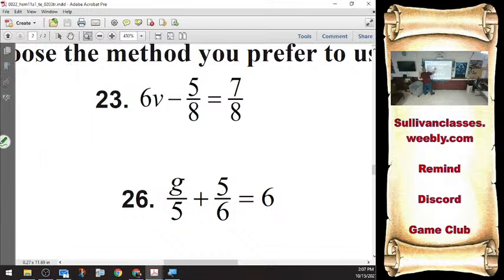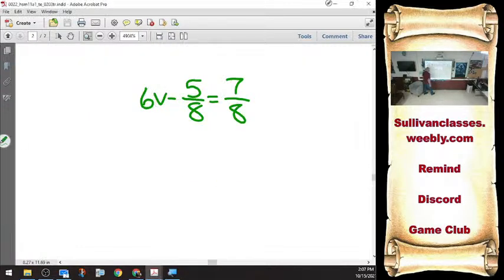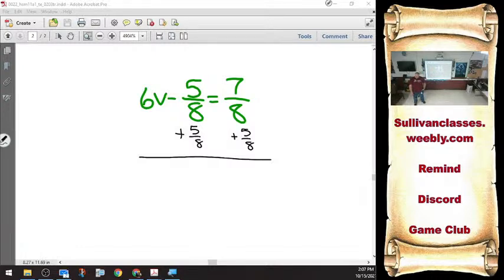These ones, you know what? I don't want that there. Okay. Option 1. I got a calculator. I'm just going to add 5/8 to both sides. What's 7 chalupas plus 5 chalupas? 12 chalupas. So what's 7/8 plus 5/8? 12/8.